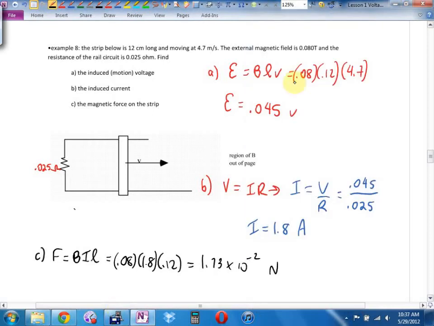What if you went faster? What would happen to the voltage? If this got bigger, what would happen to the voltage? Nicole. It would increase. Nicole, what would happen to the current then? It would also increase.